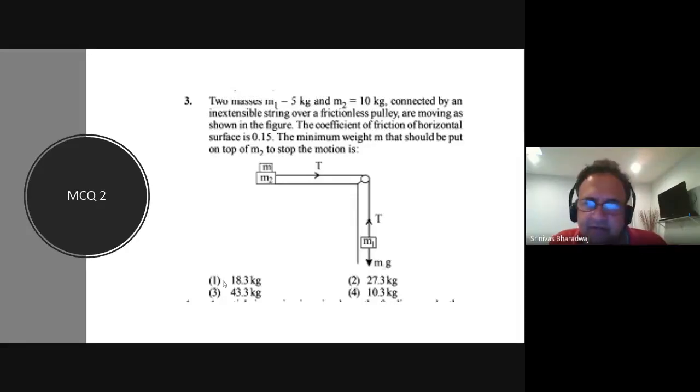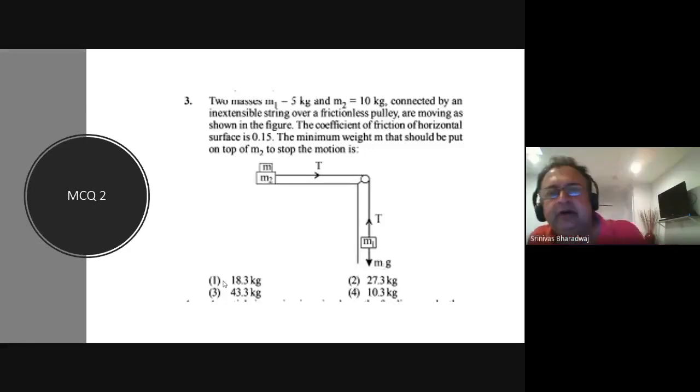If you have no calculator, use 10, right? So T is 50, so 50 equals 0.15 times (10 plus m) times g.